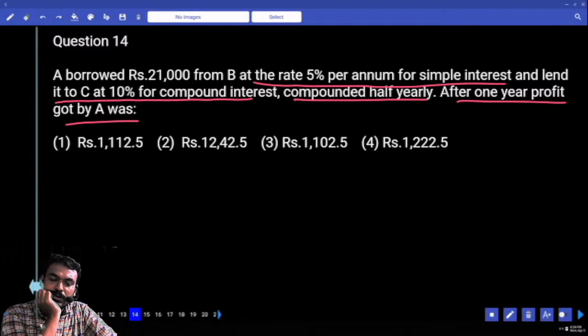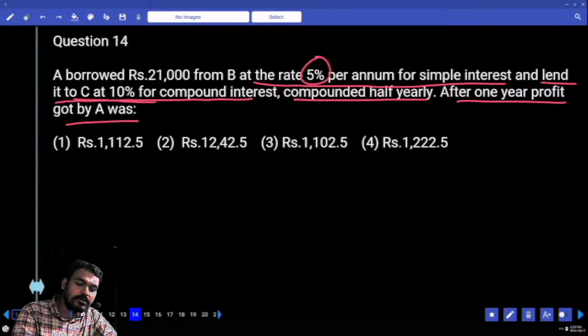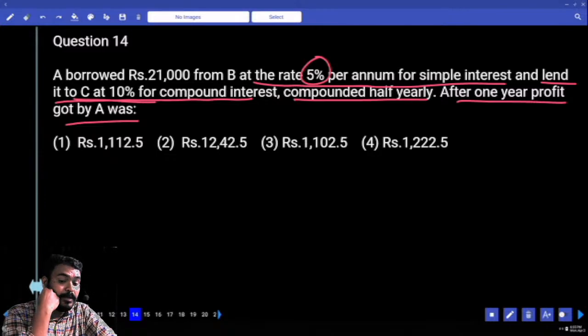A borrowed 21,000 from B, so B is paid by A. How much percent is paid? 5%. Yes or no? It is lent to which one? C, at 10% compound interest. What is the meaning? 10% per annum? Yes or no? But interest will be calculated half yearly.